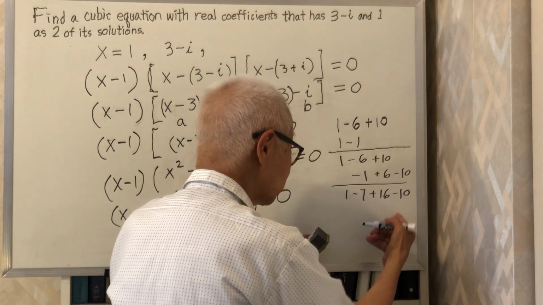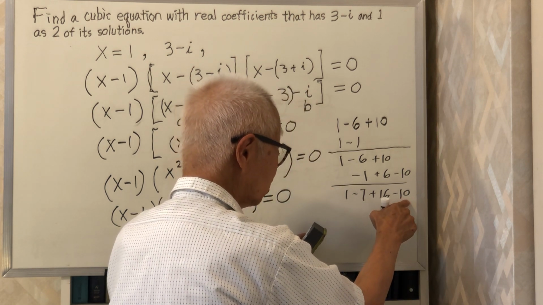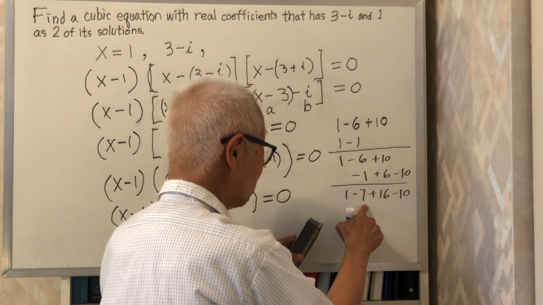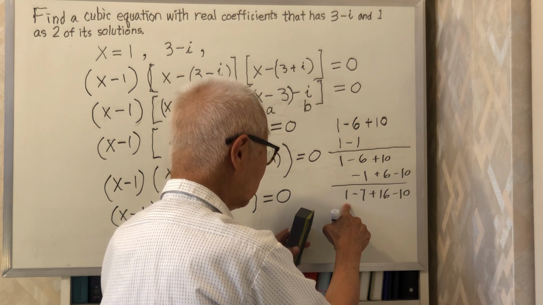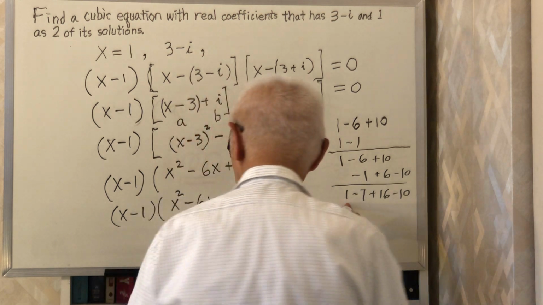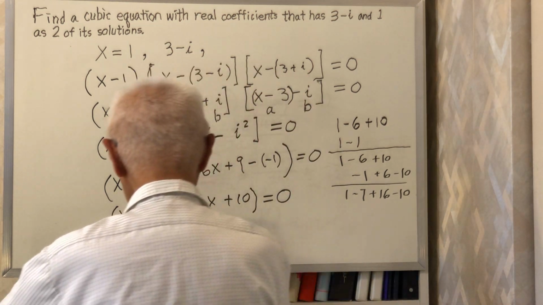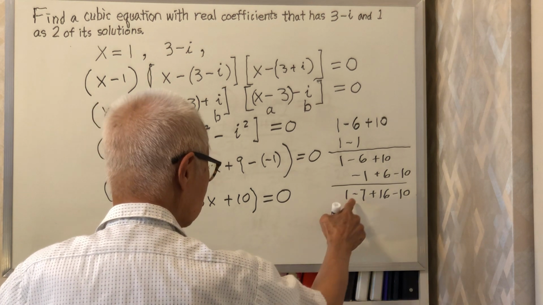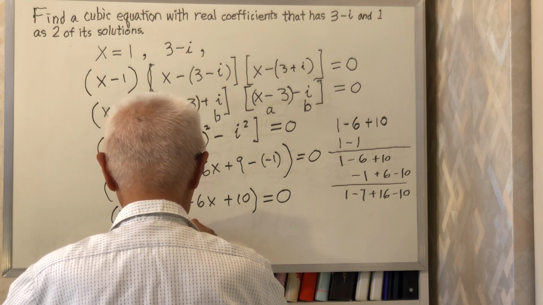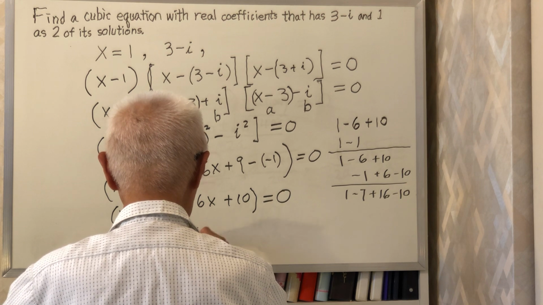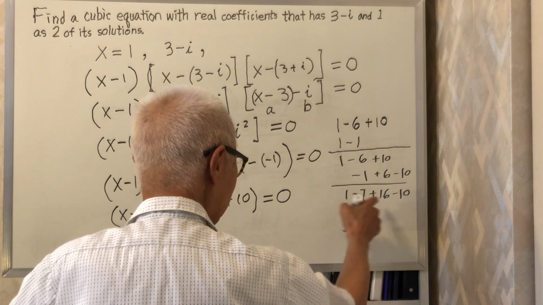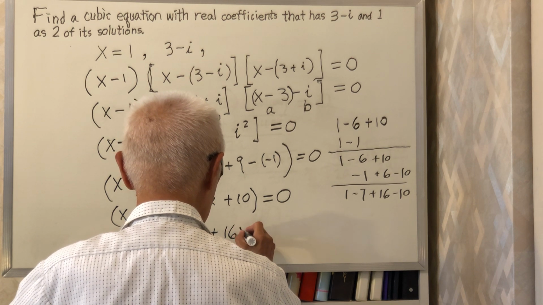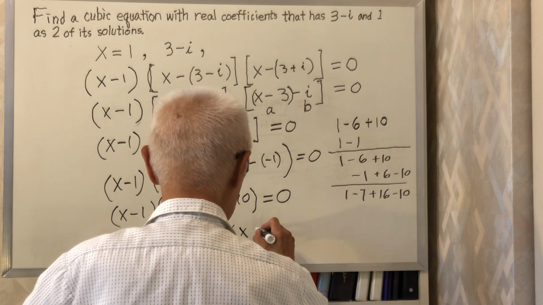Okay, I have this. This term has no x. This term has x. This term has x squared. This term has x cubed. So my result is x cubed minus 7 x squared plus 16 x minus 10.